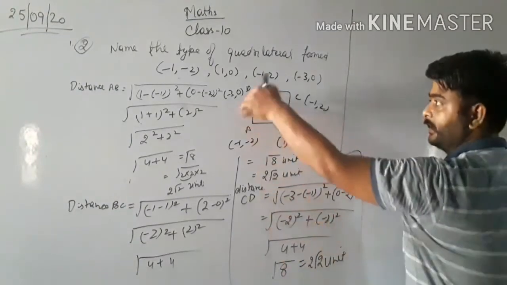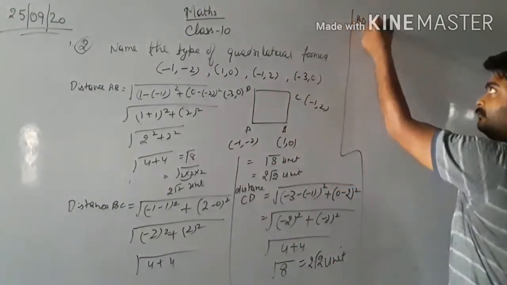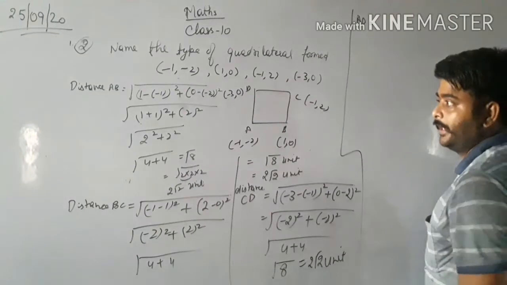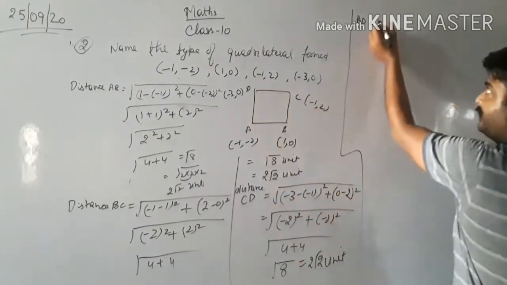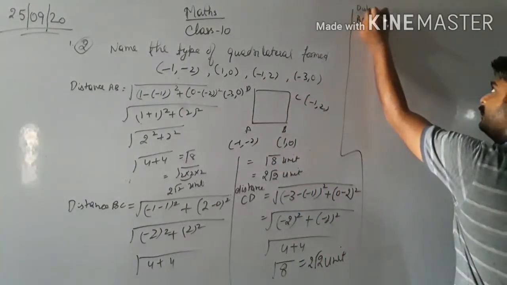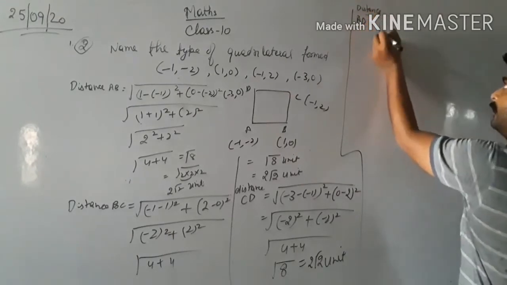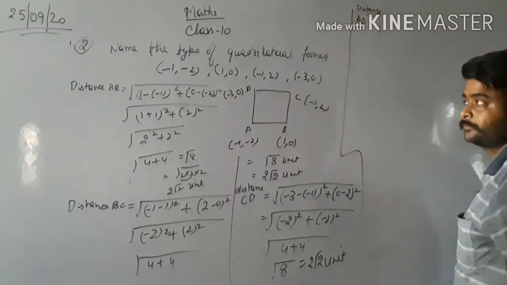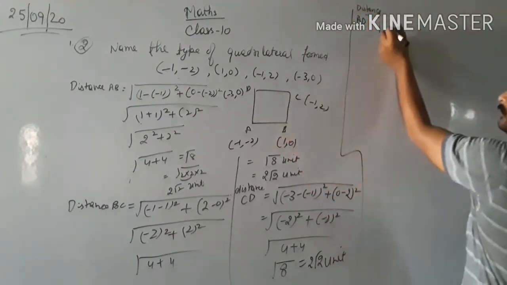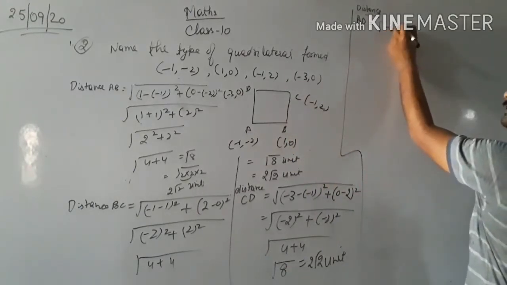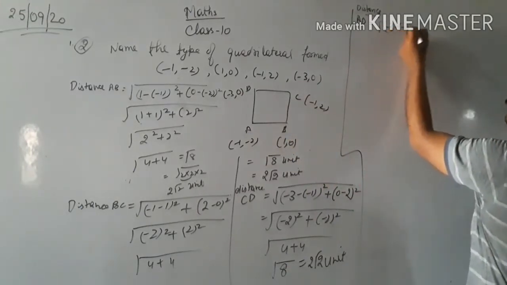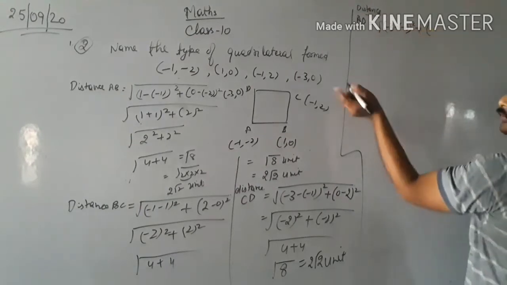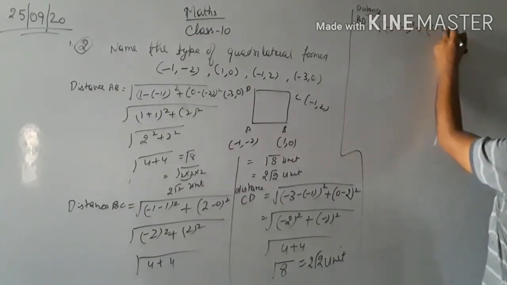Okay, again what is left, that is AD. AD can also be done with the distance formula. Distance AD is root of -3 minus -1 whole square plus 0 minus -2 whole square.